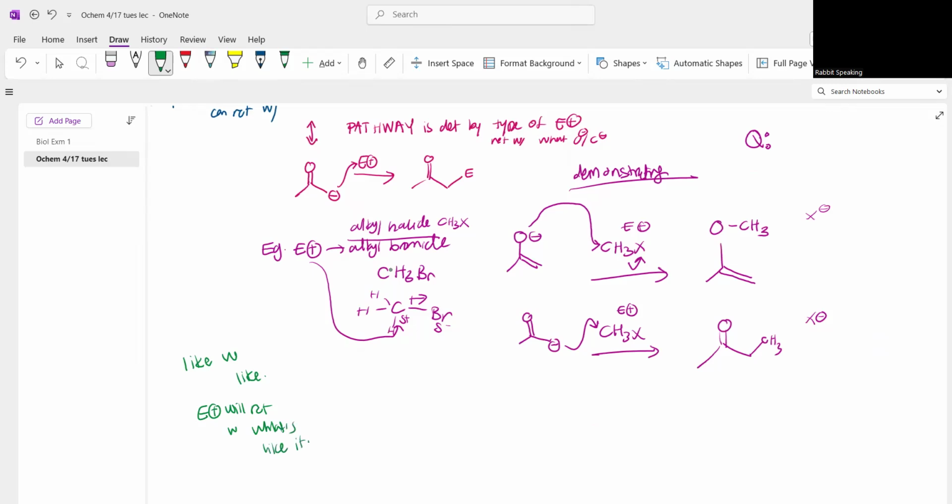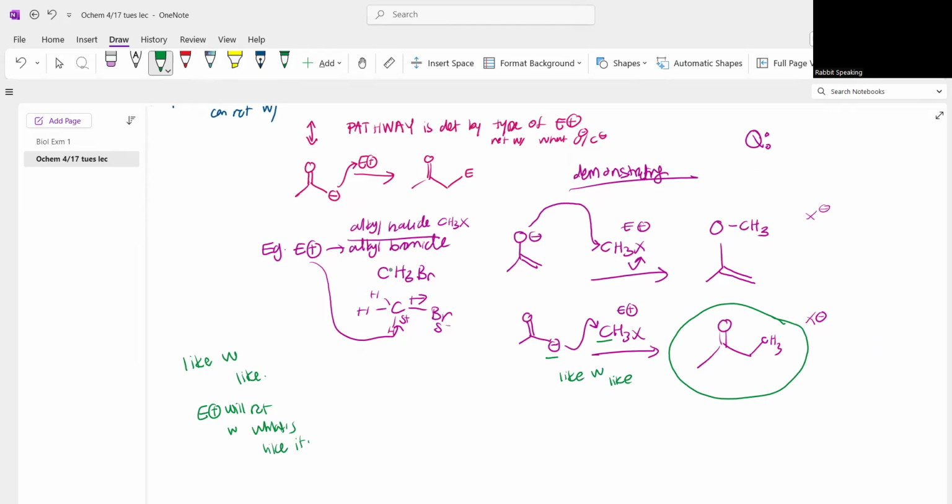With what's like it. Our electrophile here is a carbon, and a carbon here is more similar to a carbon here. So this is our like with like. And so our electrophilic carbon actually prefers this pathway.